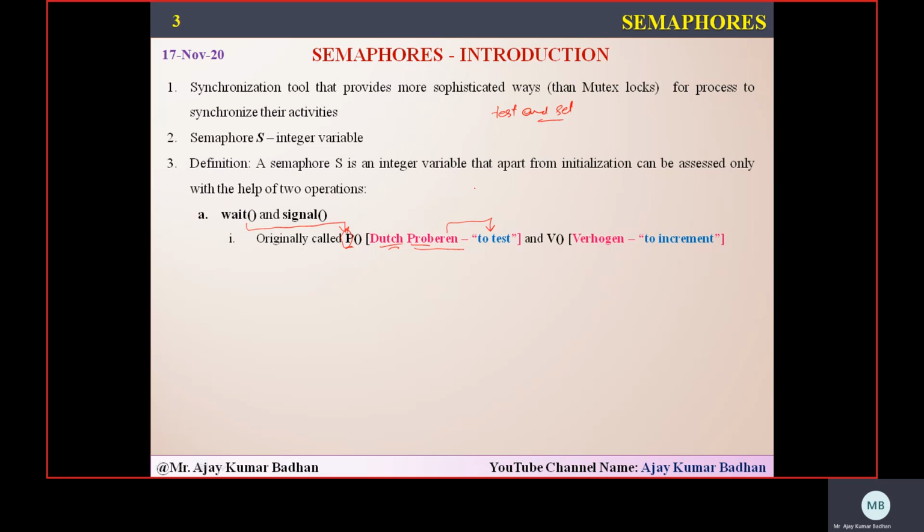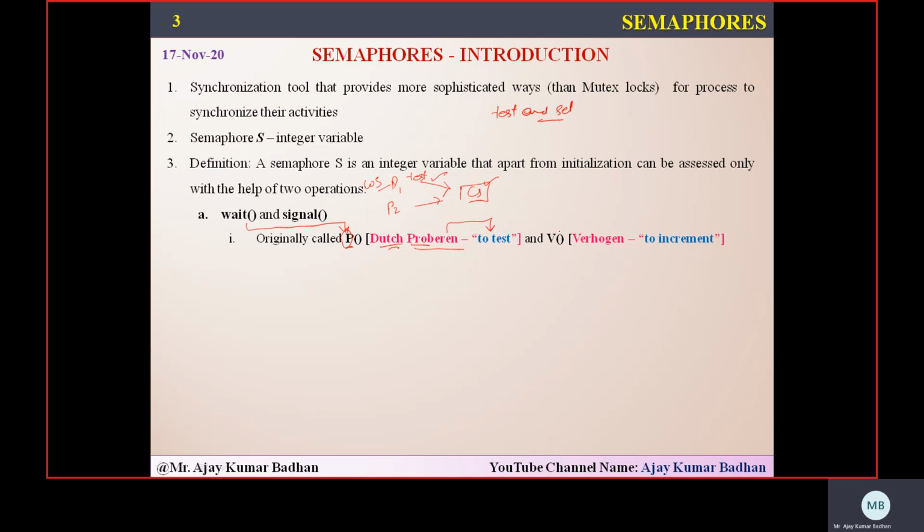So we are testing whether that critical section is free or not. Whenever a process wants to enter the critical section, it will first test whether the critical section is free or not. If it is free, it will enter into it. If it is not free, the process will enter into a wait state.